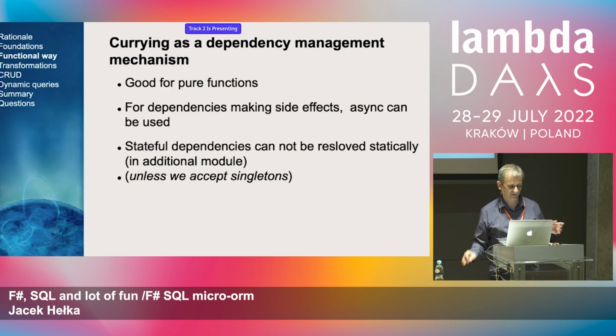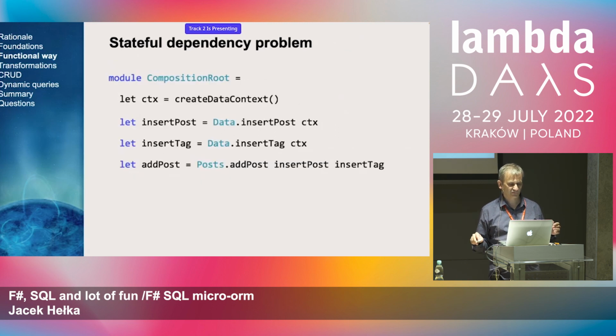It's okay, it works. But when working with stateful objects, we would have to do some kind of singleton. It's awful. So I think it can never be implemented this way.